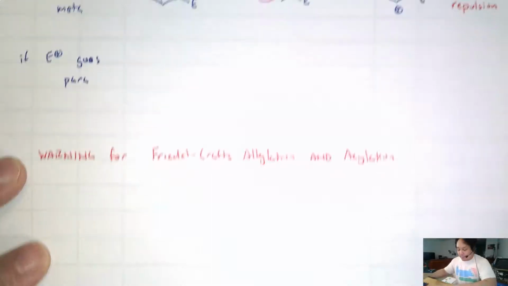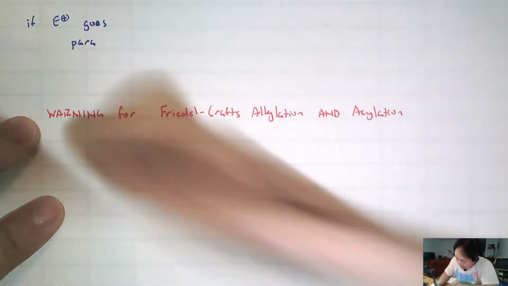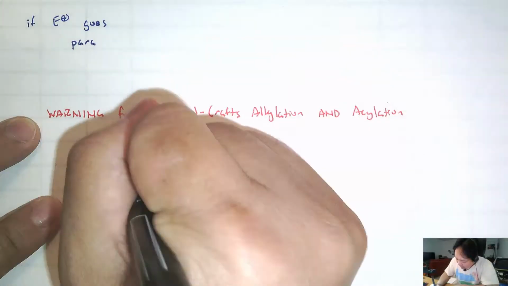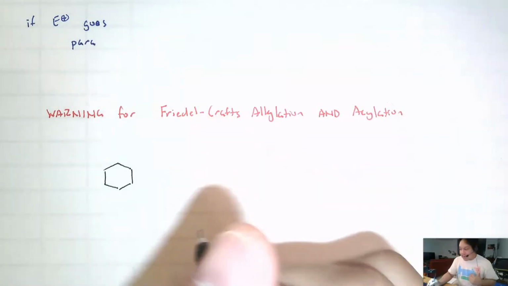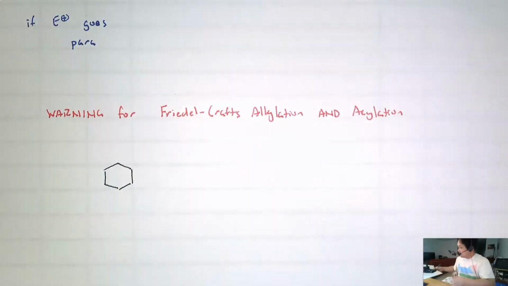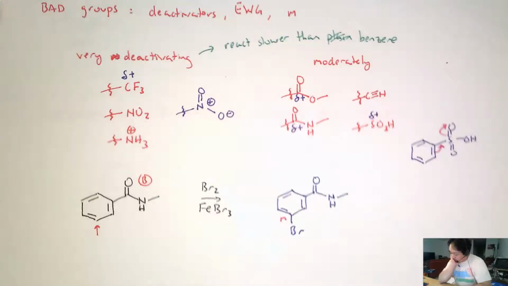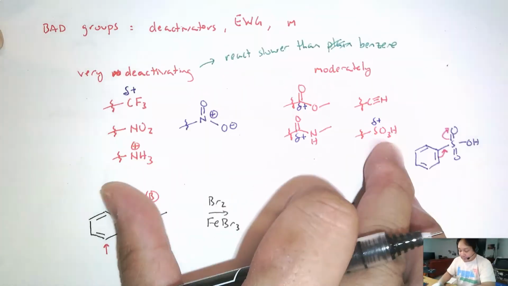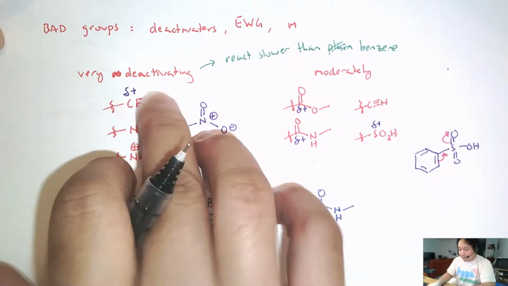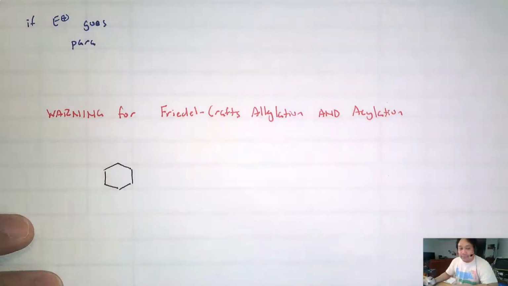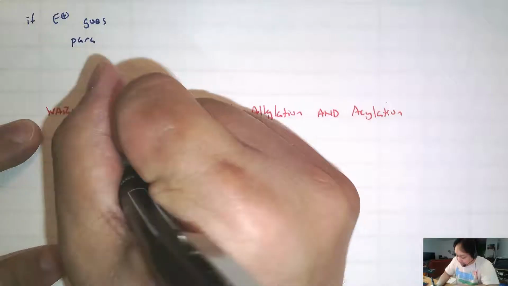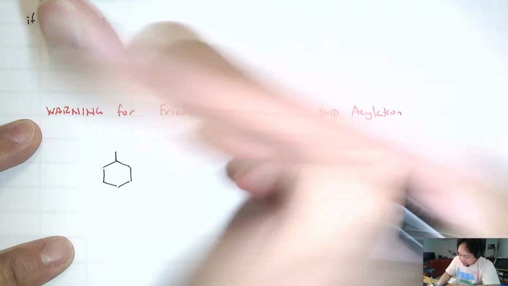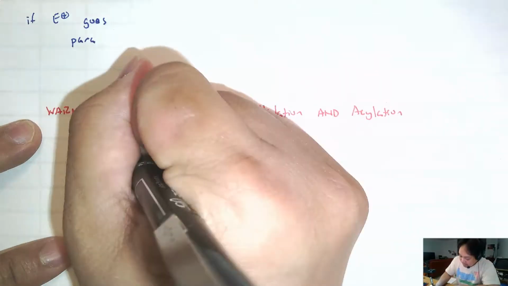If you have a bad group, an electron withdrawing group, and the way I break it down is either of these categories: very deactivating or moderately deactivating. So what I can say is if we have a bad group, let's pick a bad group. Heck, let's pick the sulfonic acid.